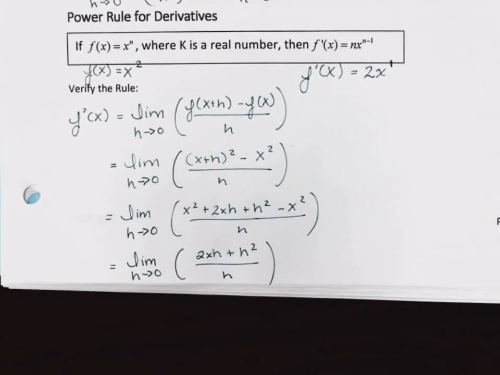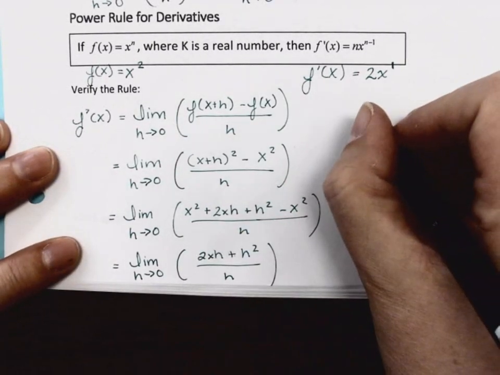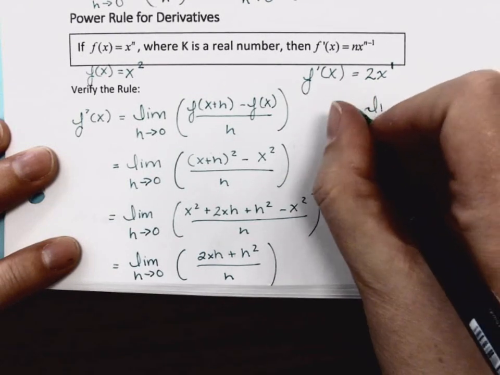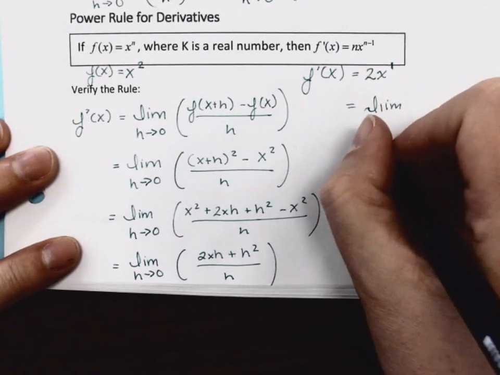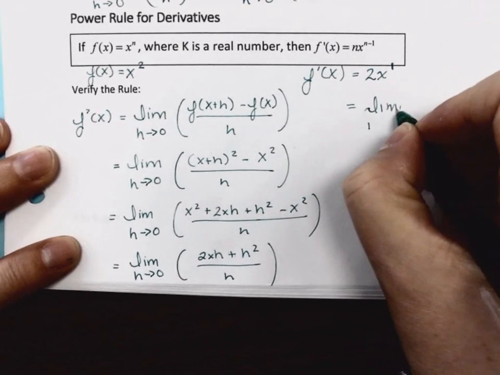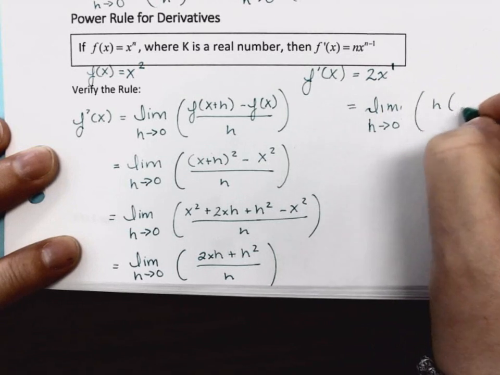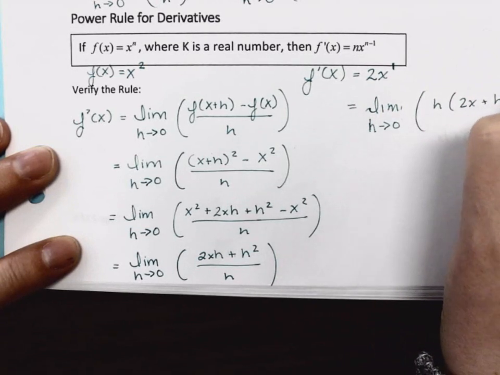And then we're going to common factor that h out and divide it out. So this would be the limit as h approaches 0. Oh, there's double i's in my word limit. Can't even spell limit today. So we're going to have h times 2x plus h.